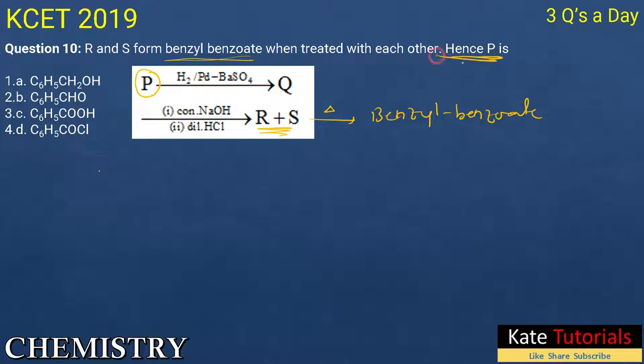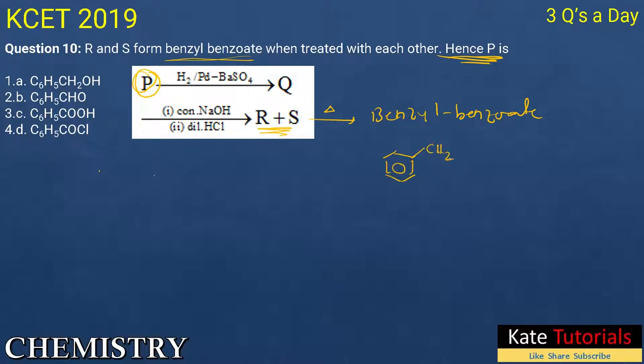They asked what is P. It is one of the easiest questions, but you should know a little basics. When R and S are heated, we get benzyl benzoate. So what is the structure of benzyl benzoate? Benzyl means a benzene ring with a CH2 group.